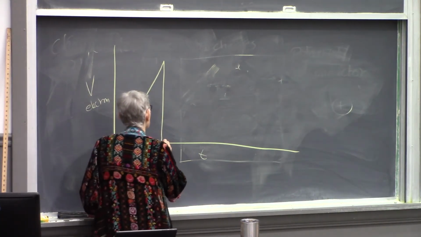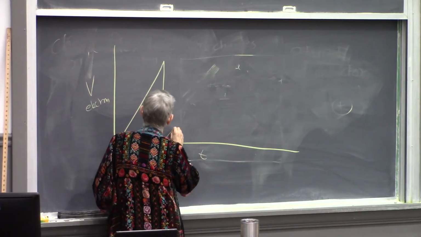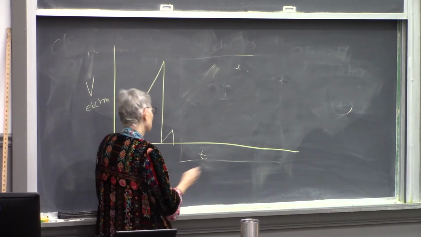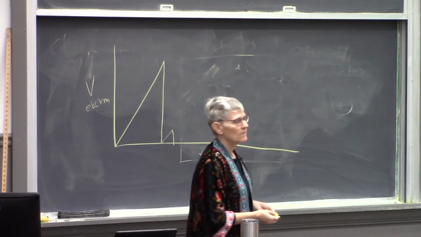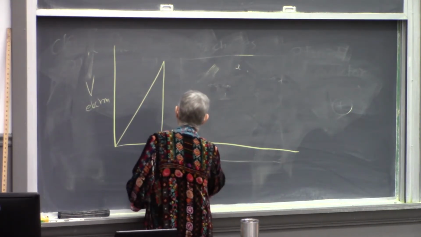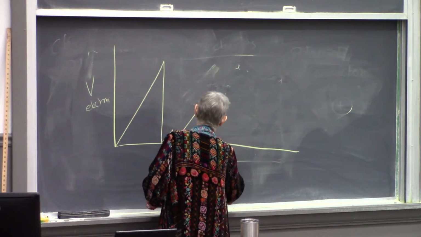But there's still a field, and this time it doesn't get to go as far before it collides, because it's probabilistic. And then it speeds up again.